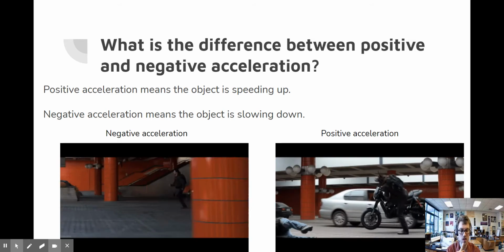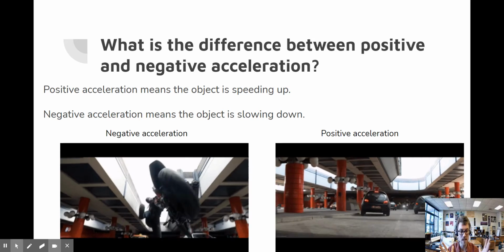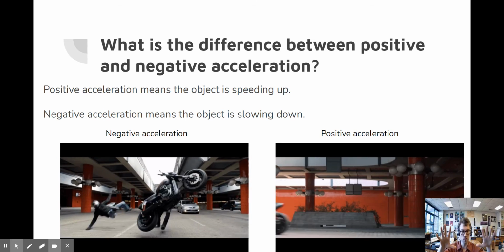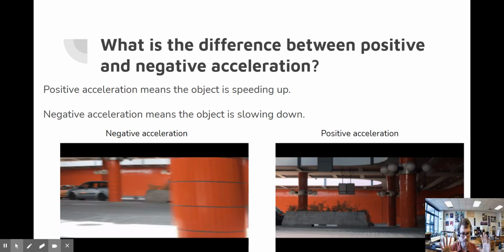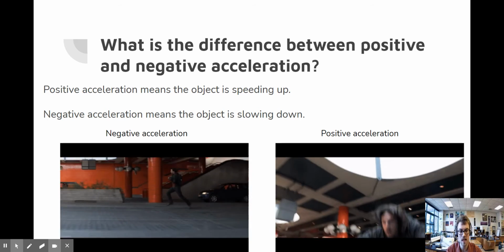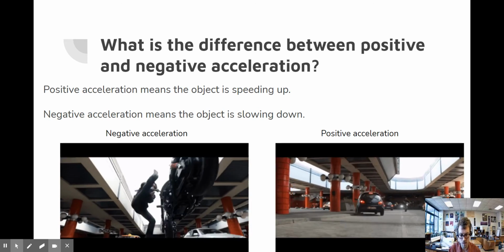And then positive acceleration would be once he hops on the motorcycle, right? He's stopped, he's not moving, the motorcycle's not moving, and then it accelerates and he goes forward, right? That's positive acceleration. He's speeding up and going faster, okay? So a negative acceleration means that we are slowing down. Positive acceleration means that we are speeding up.